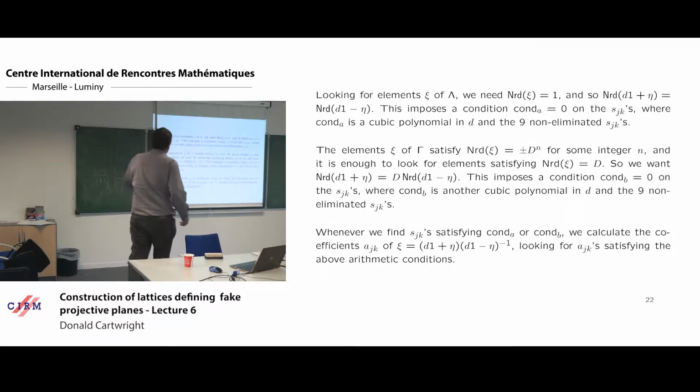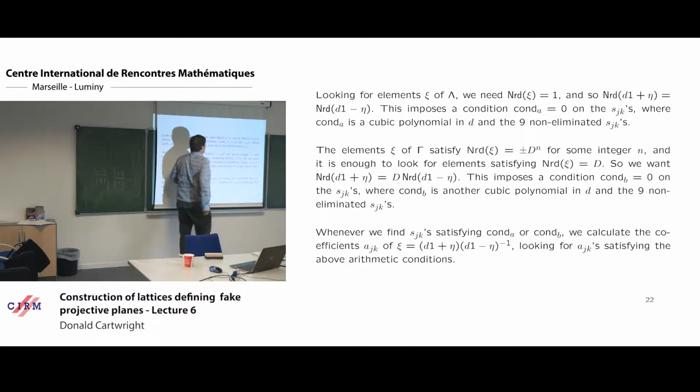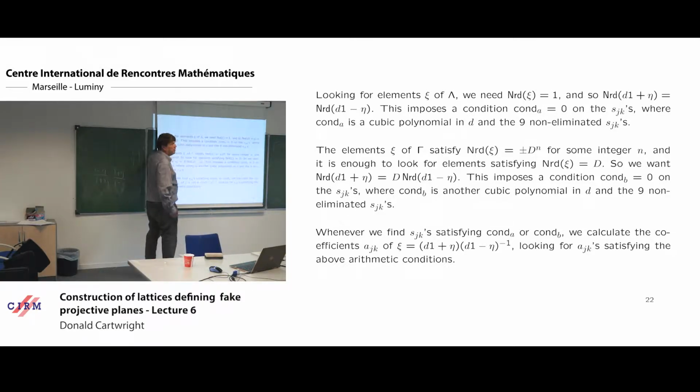Okay, so when we are looking for elements psi of lambda, so they're the ones with reduced norm 1, that means that the reduced norm of the numerator has to be the same as the reduced norm of the denominator. So when you write that condition down, you find that there's a cubic condition in the Sij's or Sjk's.